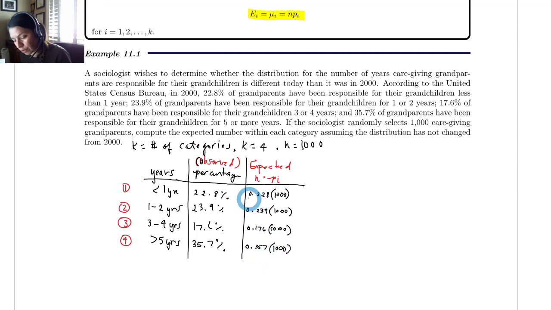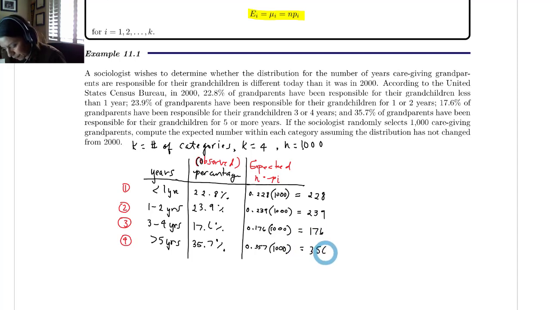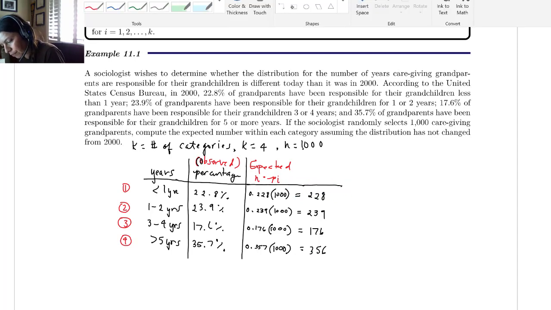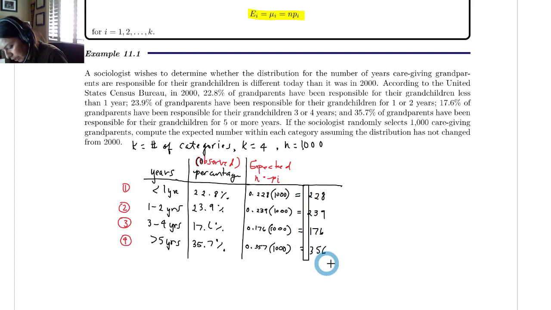Okay, so that's how you calculate the expected count, right? You take the sample size and multiply by the category probability or percentage. And then you just go ahead and multiply that. So that would be 228, 239, 176, and 357. Okay, and so these are the expected counts.